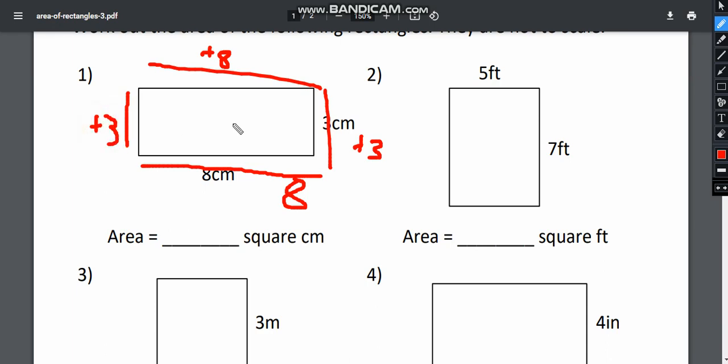So that would be 3 plus 3 is 6, 6 plus 8 is 14, 14 plus 8 is 22. So the perimeter, I'll just call it P for perimeter, is 22 centimeters.